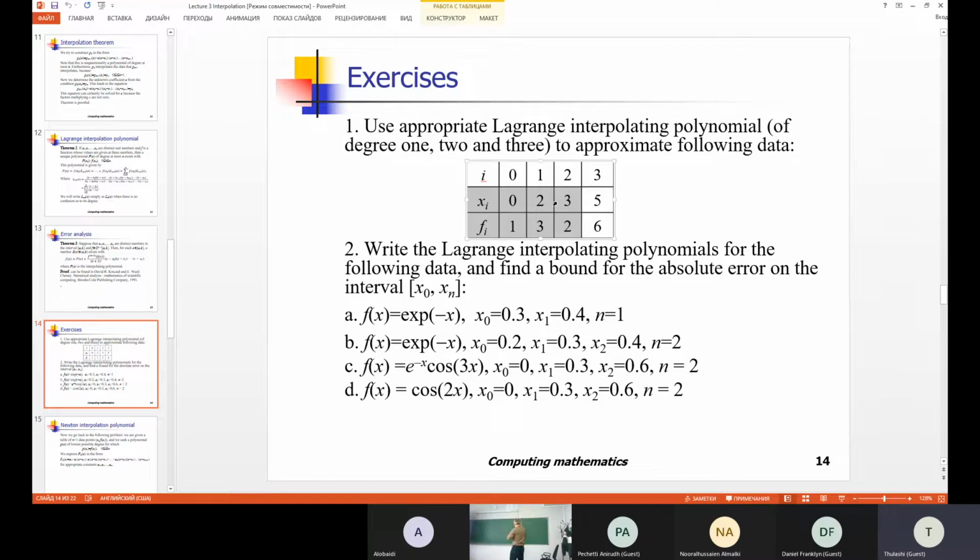Well, and after that, you should substitute all of these terms into the first formula and find P2 of x. Of course, you should carry out some simplification.